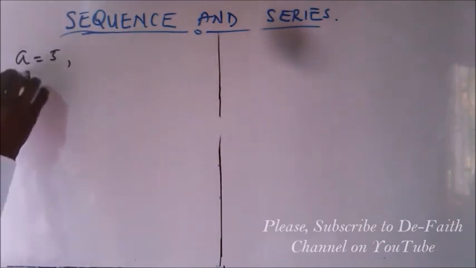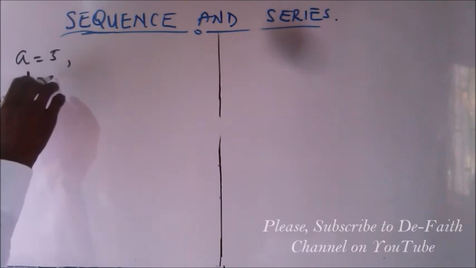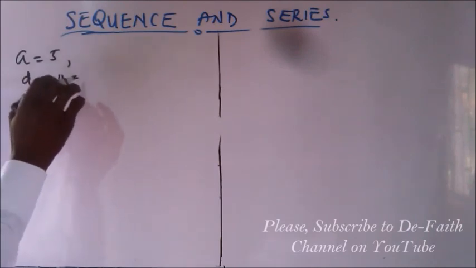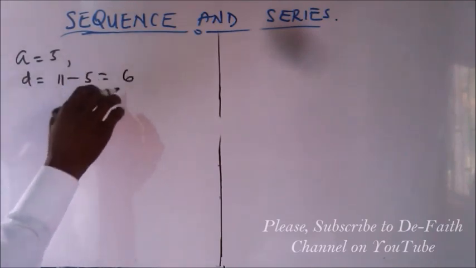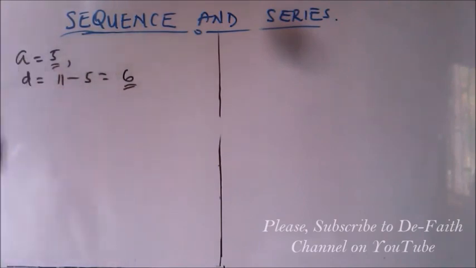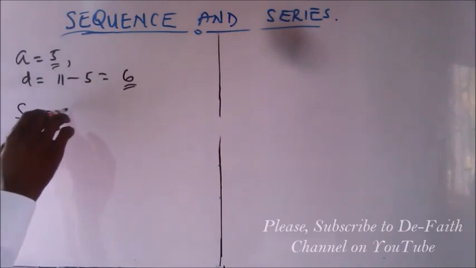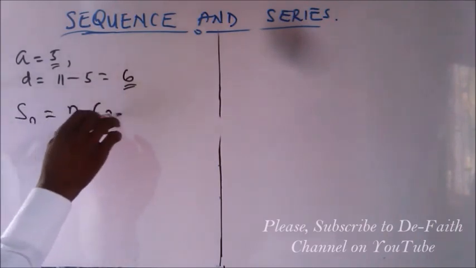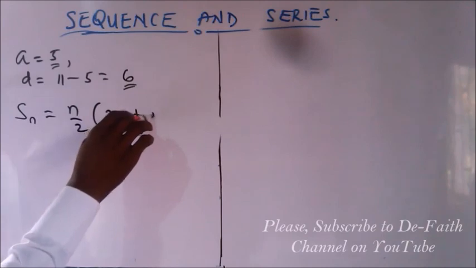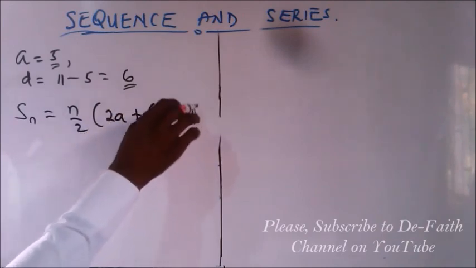It has a common difference, which is the second term, 11, minus the first term, and that is 6, right? So that's the common difference, and that's the first term. Next, we have to find the sum of the first n terms. And we have that sum of the n terms in an AP equal to n over 2 into bracket 2a plus n minus 1 into bracket d.